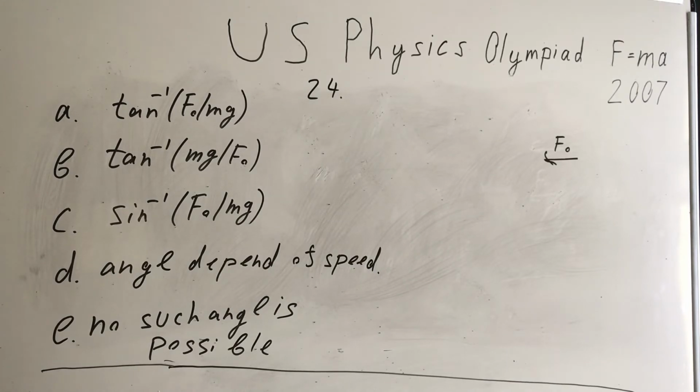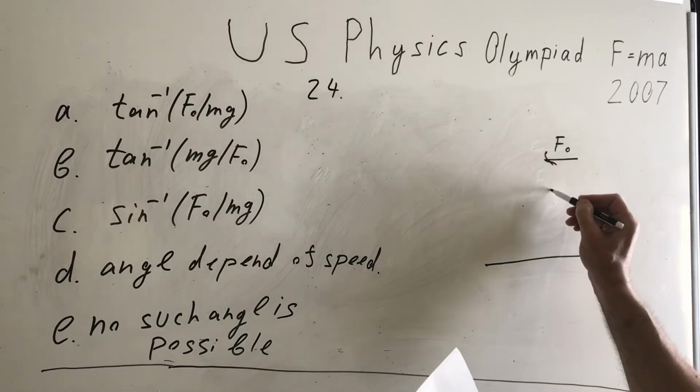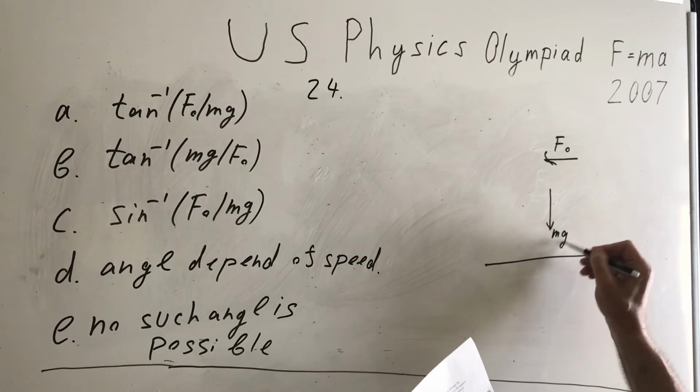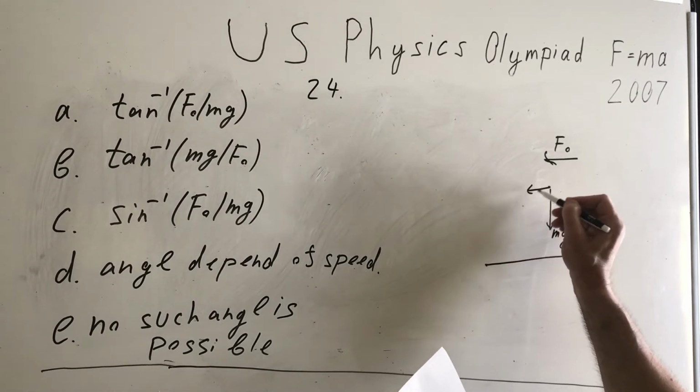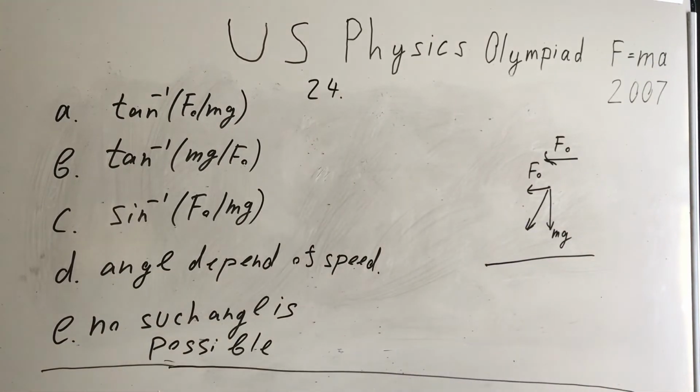To solve this problem, we can just make a picture and see that the resulting force of mg and F0 is going this way. So that will be our effective force, like effective gravity.